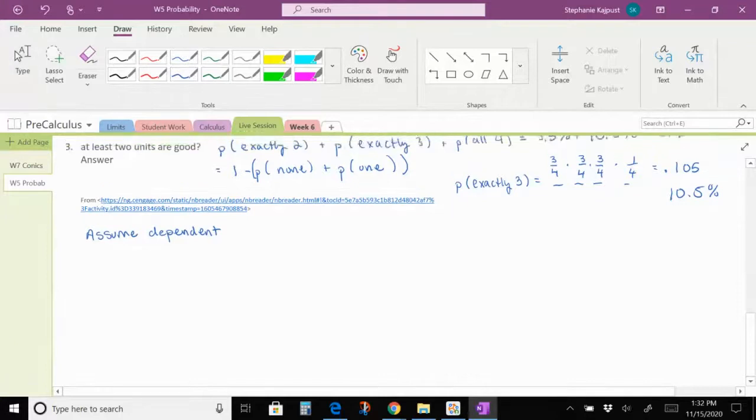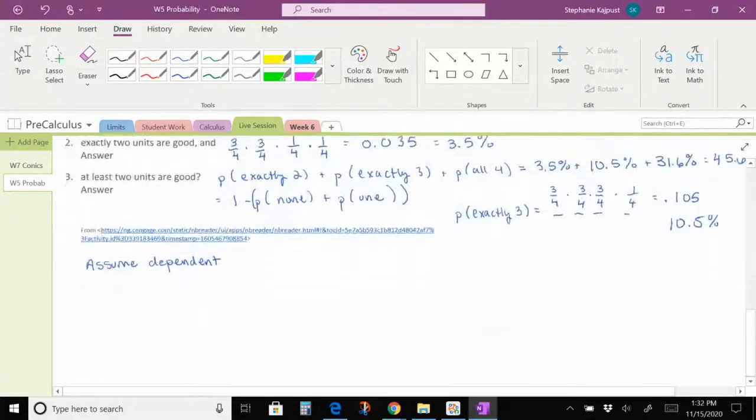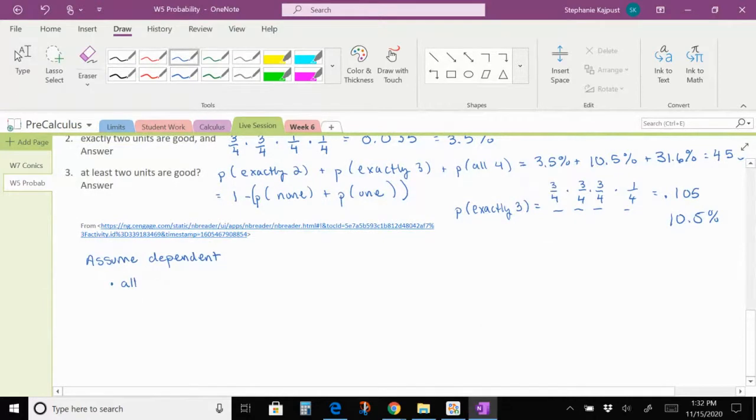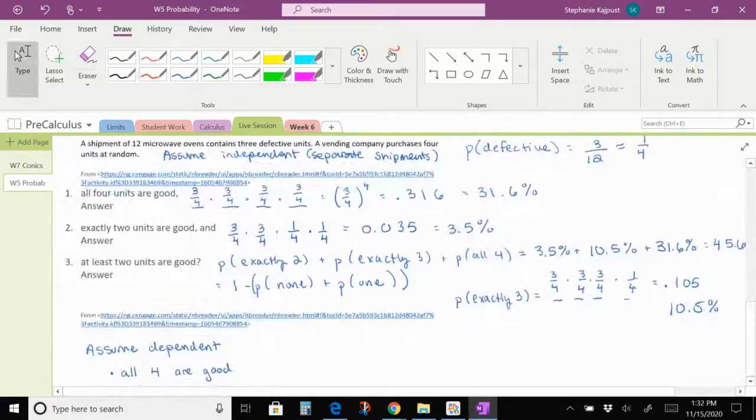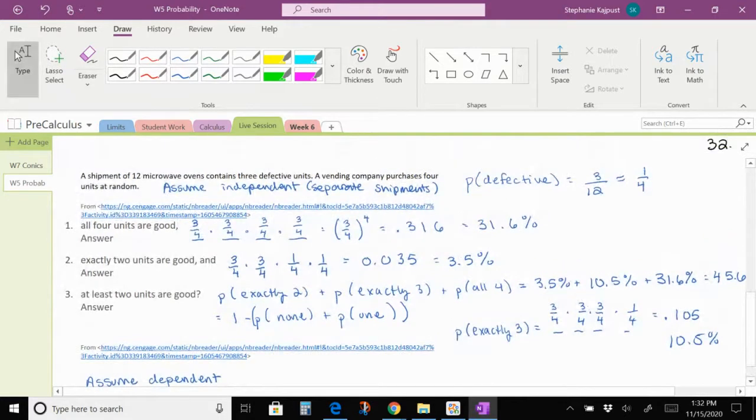So if we assume they are dependent events, let's go back to all 4 are good. In this case, because they're dependent, we can't rely on this proportion of 1/4 or 25%, basically.